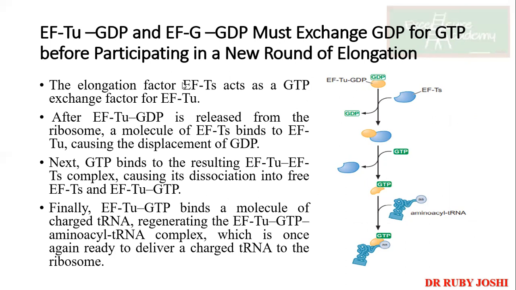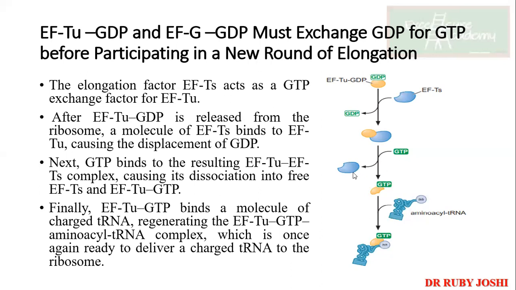Now, EF2 और GDP, उनको अभी दूसरे राउंड के लिए भी रेडी होना है, करेक्ट? Now, who is going to help them in getting bound to GTP again and removing the GDP? So वो काम कौन करेगा आपका? EFTS, elongation factor TS. So if you see over here, this yellow GDP is EF2. GDP हट के आपका EFTS आ गया है. Now EFTS is bound to your EF2.